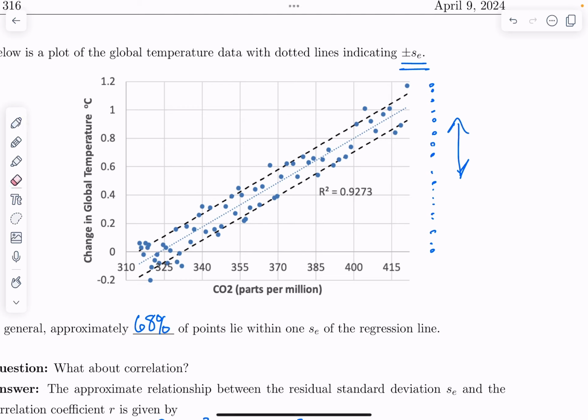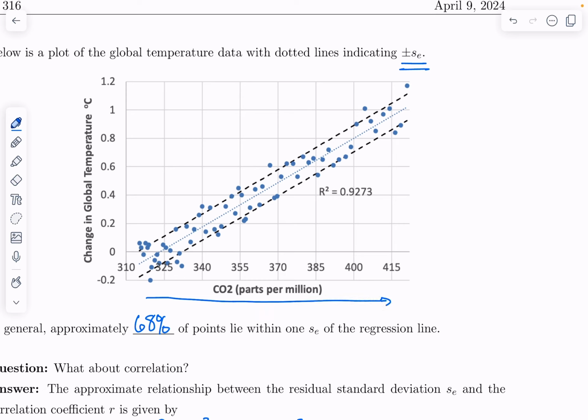In other words, how much variation do you see on this scale? Well, 92% of the variation that I see on that scale is explained by the increases in CO2 levels in the atmosphere. So 92% of this variation that you see is explained by CO2 in the atmosphere.